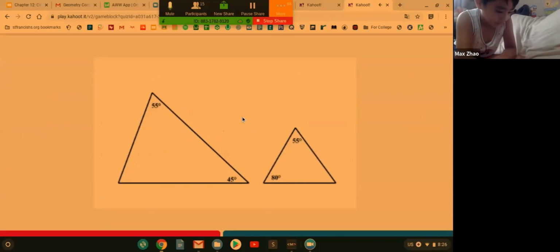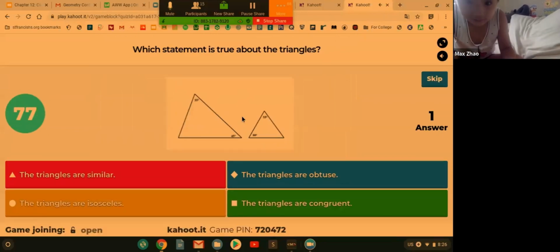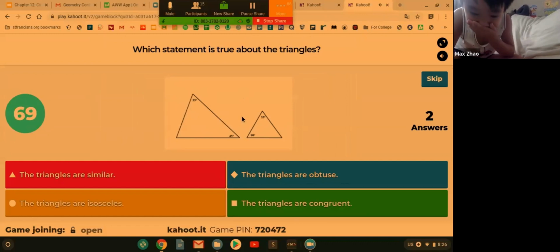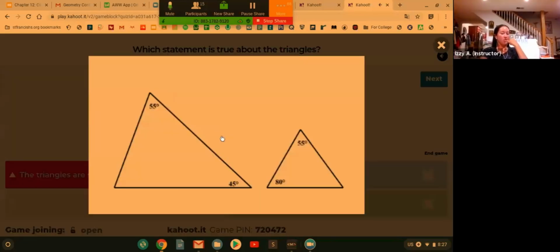Oh, let me calculate it. Okay. So these triangles are not congruent because in a congruent triangle, the sides and the angles would be equal.